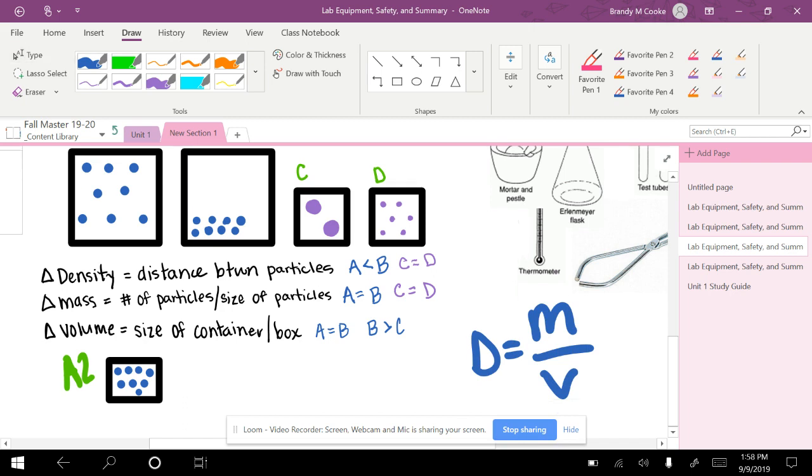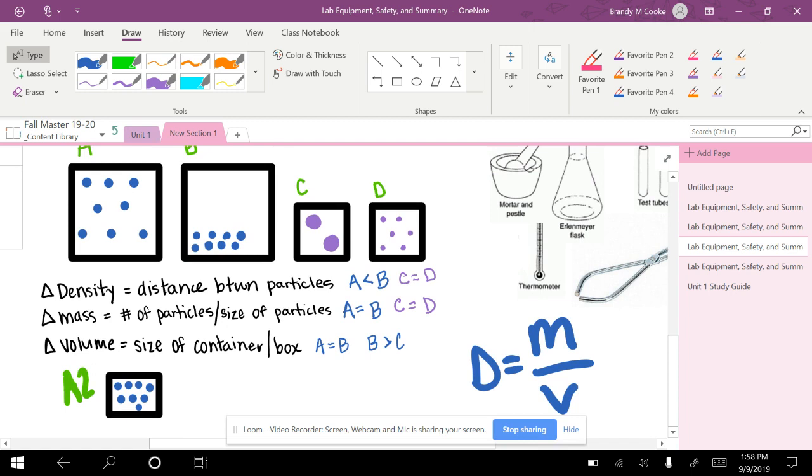Because if I did the same example here with A2, I would ask myself, if the volume went down and mass stayed the same, what should density do? And I know that if I decrease the denominator, that's going to increase my density, right? But not everybody can think like that. That's a lot of in your head kind of thinking, and that's not always fun.